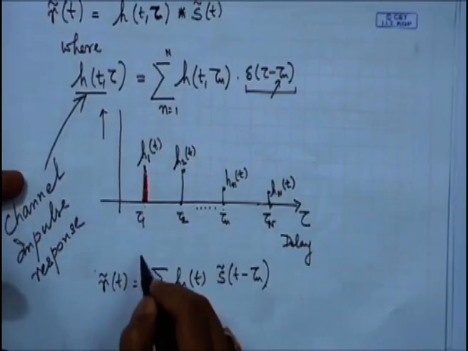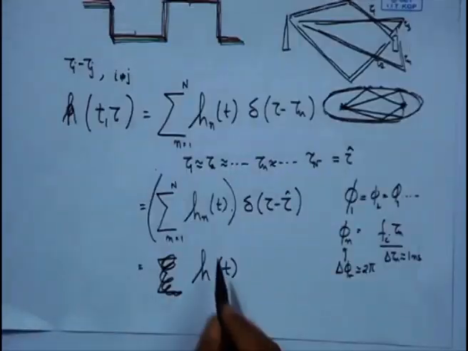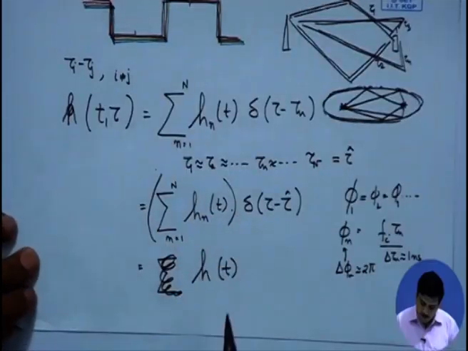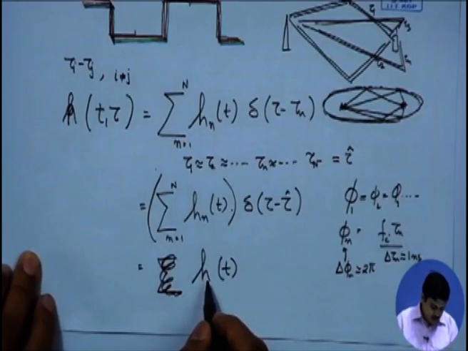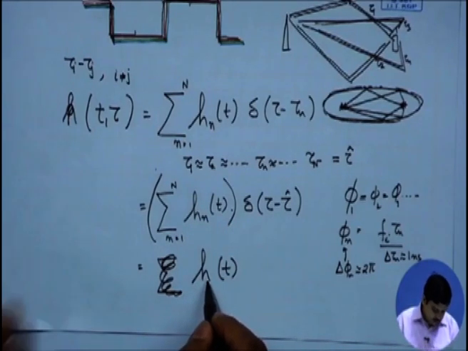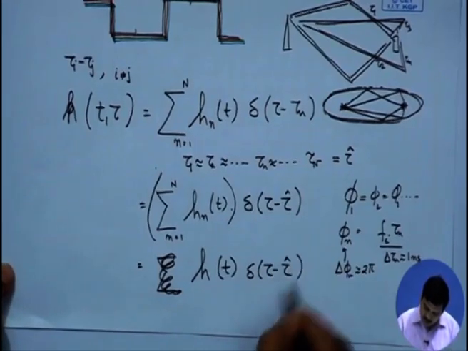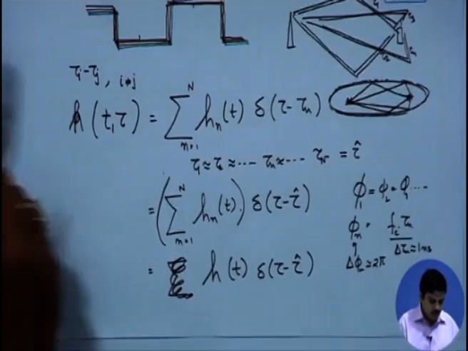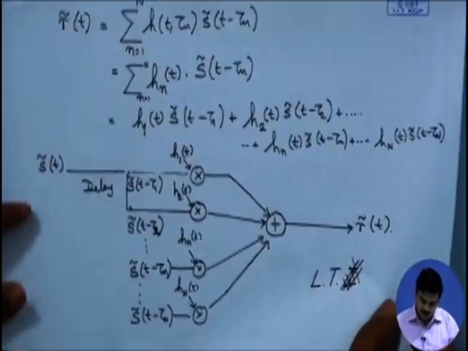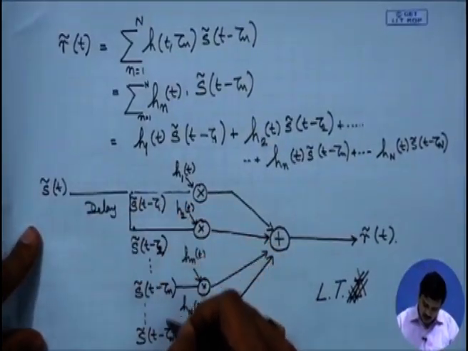This is a model. So, this is an approximation. So, we are able to add them up and we are having a single effective h of t times delta tau minus tau cap. So, what does it affect in our diagram? In our diagram, these particular figures, all these tau n's are getting modified to the same value of tau.